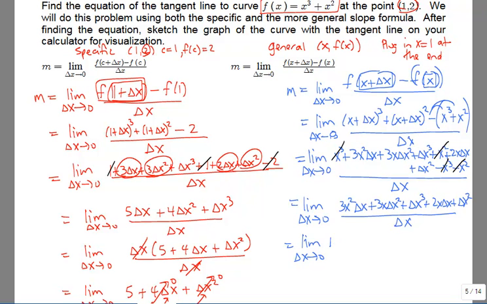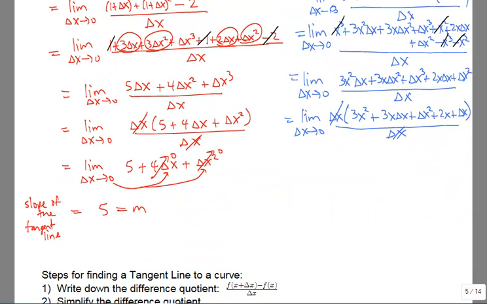And they all do, because now what we're going to do is pull it out, factor it out. And that's going to leave me with a 3x squared plus a 3x delta x plus a delta x squared plus a 2x plus a delta x. And that delta x that we just pulled out cancels with the one on the bottom.